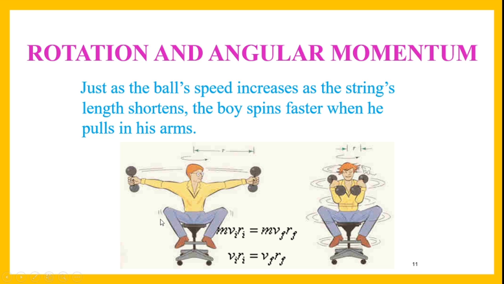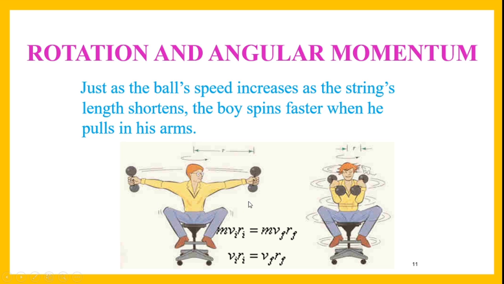Here a boy is sitting in a revolving chair and is revolving by keeping his arms stretched. While he is stretching, his rotation makes a radius from this point to this point. Let us say it is r. Now he has stretched his arms, so r is more.